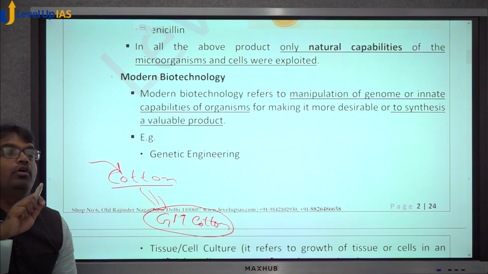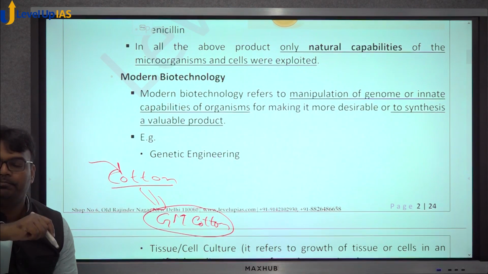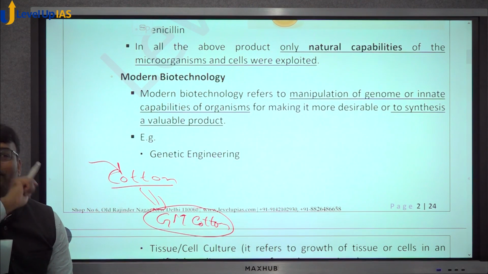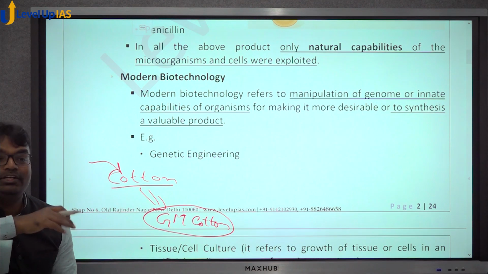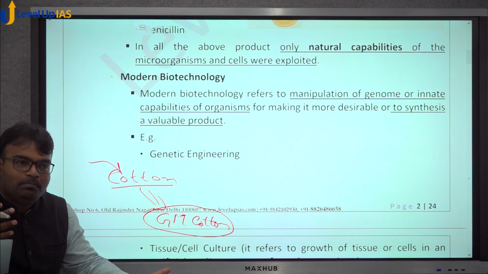What type of biotechnology would it be? Classical. We have not modified the algae. The inherent properties of algae were not changed. But suppose you genetically modify algae to increase its rate of growth, because we'll need more biomass to produce more biofuel.